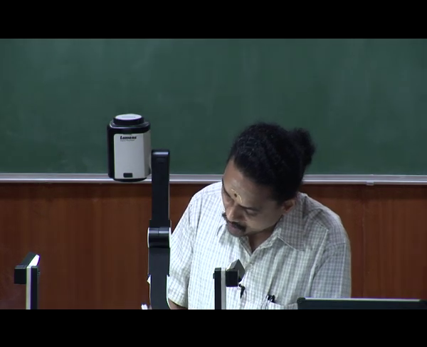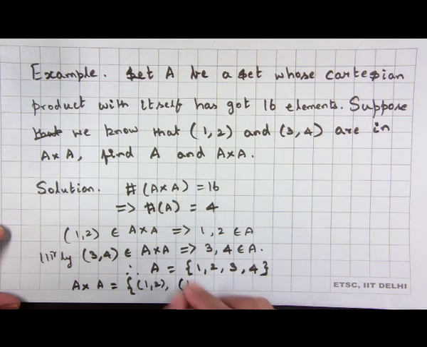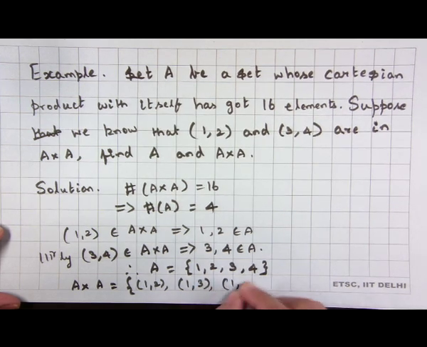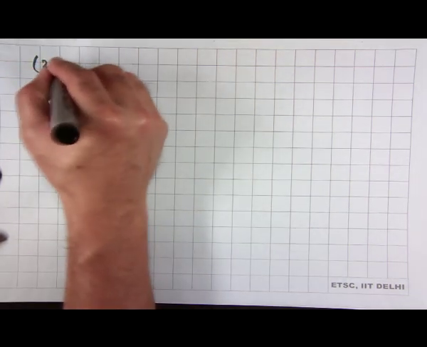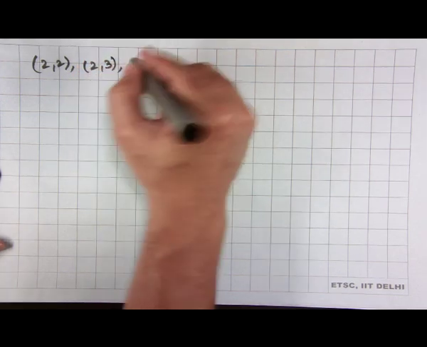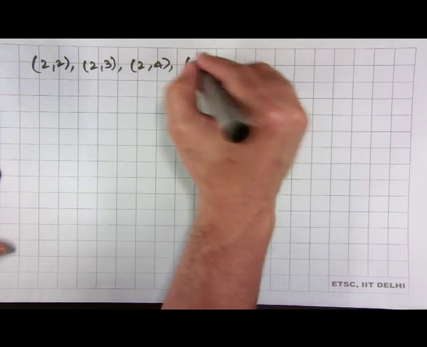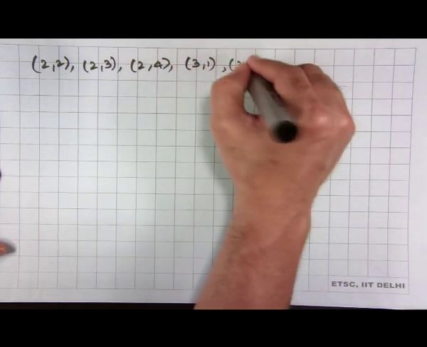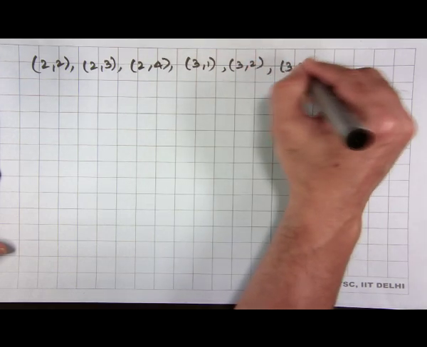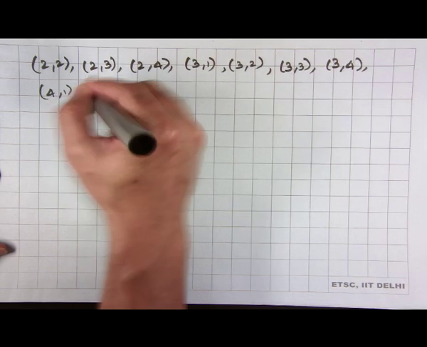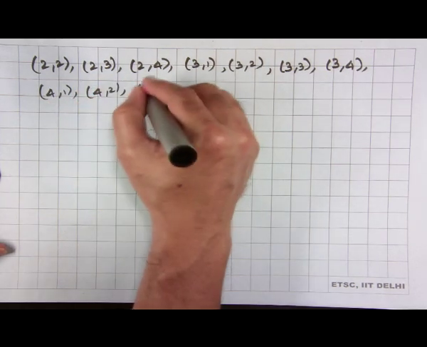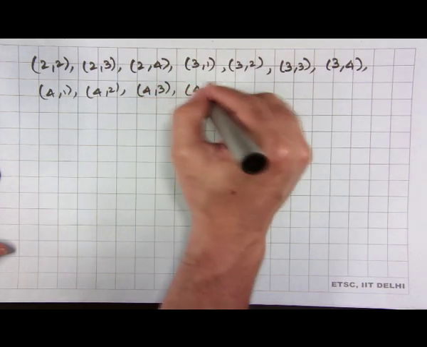Well, this is going to be 1 comma 1, 1 comma 2, 1 comma 3, 1 comma 4, 2 comma 1, 2 comma 2, 2 comma 3, 2 comma 4, 3 comma 1, 3 comma 2, 3 comma 3, 3 comma 4, 4 comma 1, 4 comma 2, 4 comma 3 and finally 4 comma 4.